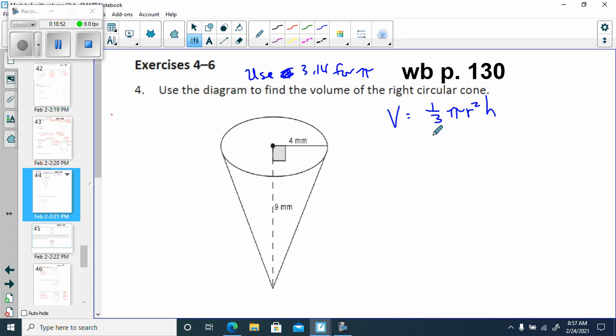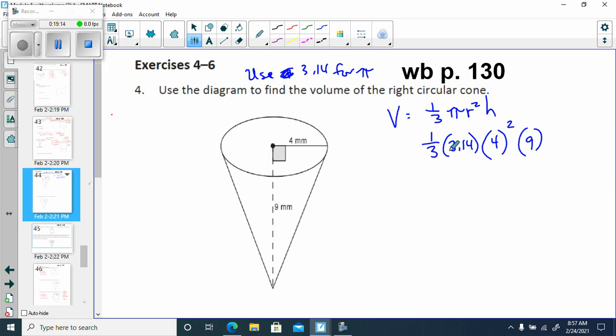We're using 3.14 for pi, so we substitute 3.14 in for pi. Our radius is 4, we substitute 4 in for our radius. Make sure you don't lose your square on that. Our height is 9. Height is from the tip of the point up to the center.